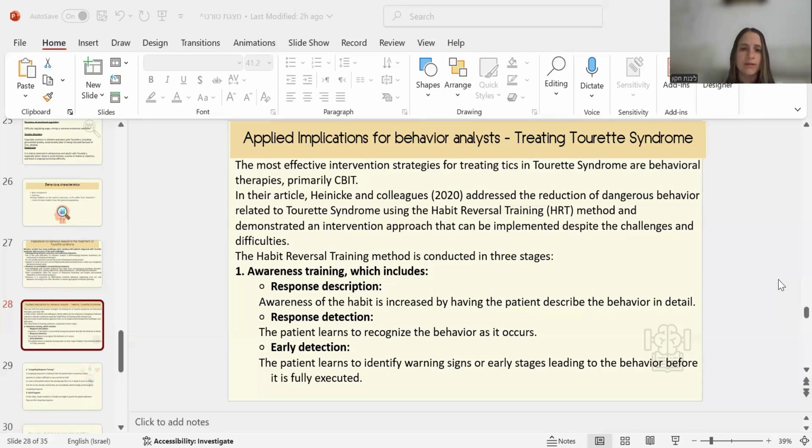Response detection. The patient learns to recognize the behavior as it occurs. Early detection. The patient learns to identify warning signs or early stages leading to the behavior before it is fully executed.